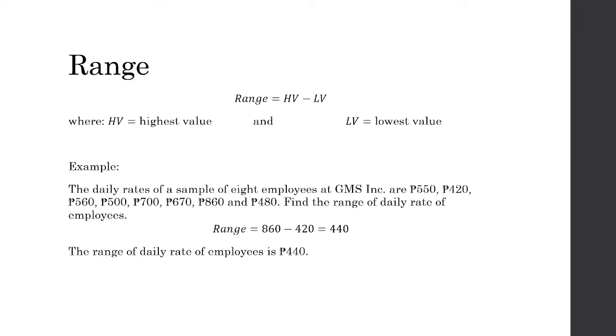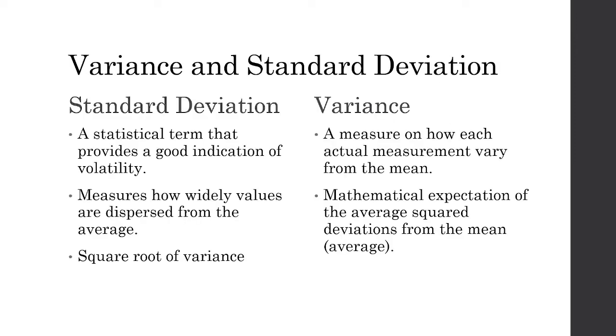So in that, let's move on to a more valid or a more reliable measure, which is the variance and standard deviation. Standard deviation by definition is a statistical term that provides a good indication of volatility.